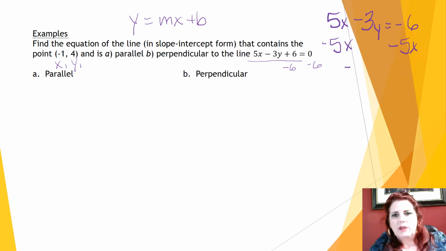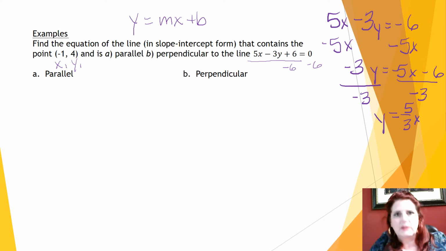And so I'm going to have -3y equals -5x minus 6. Then I'm going to divide by -3. So y is equal to 5/3 x, and then -6 divided by -3 is a +2. So the slope of the line that's given is 5/3.